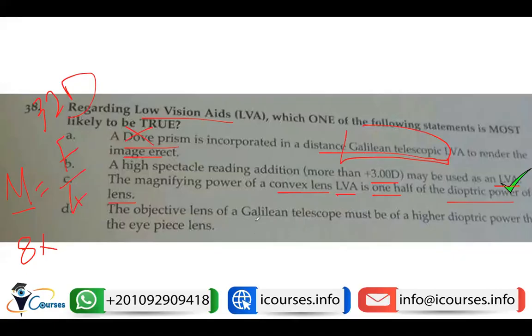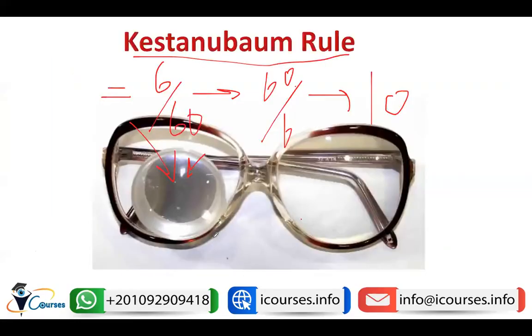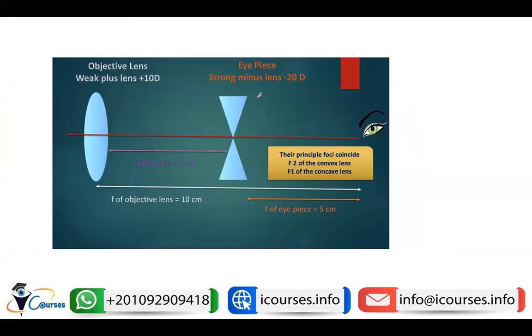Finally, the objective lens of the Galilean telescope must be of higher power than the eyepiece. Actually, this is not true. We will mention in the instruments lecture that the eyepiece power is higher but at a minus power.